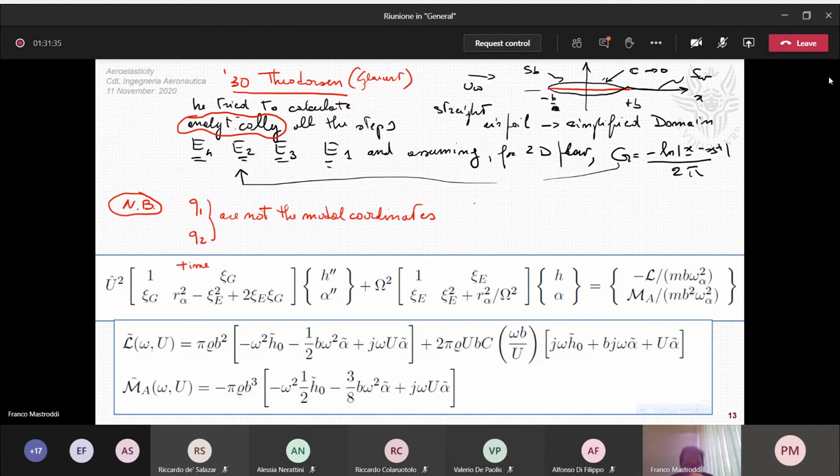They represented Q1, the heave motion h, the vertical motion, as I told you last week, the heave motion in a point, the 1/4 chord point, vertical motion of the 1/4 chord point, and Q2 is the pitch angle alpha.